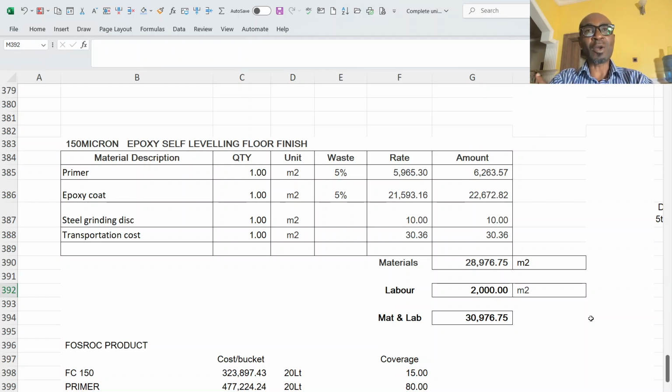Then secondly, we pay attention to whether the crafter of the bill specified a particular brand that we need to use, because epoxy is an expensive material.